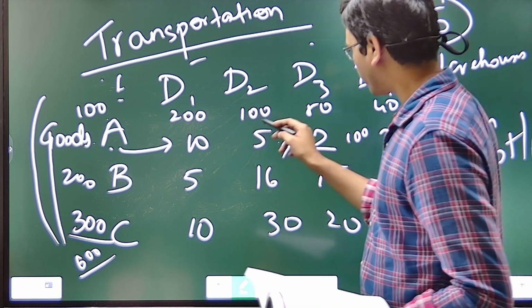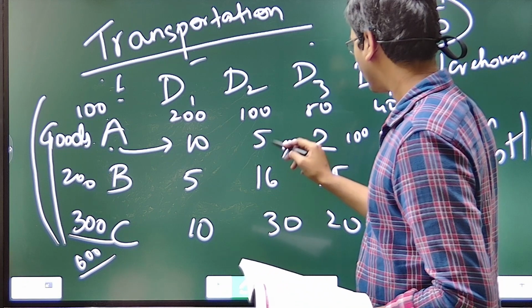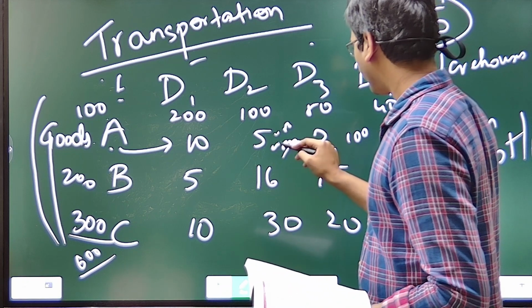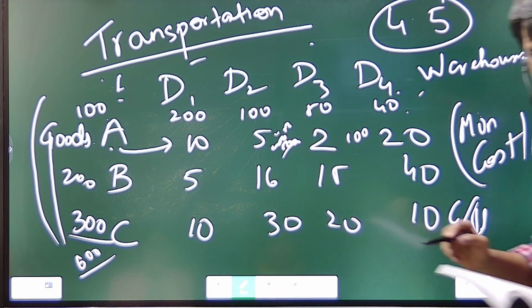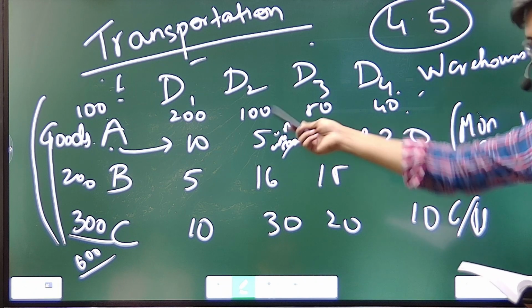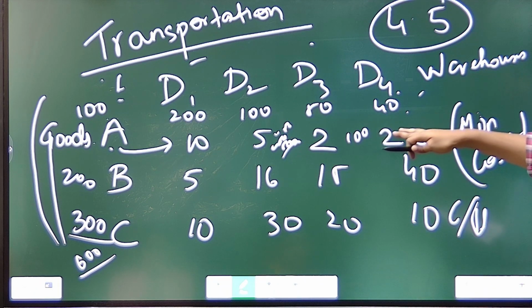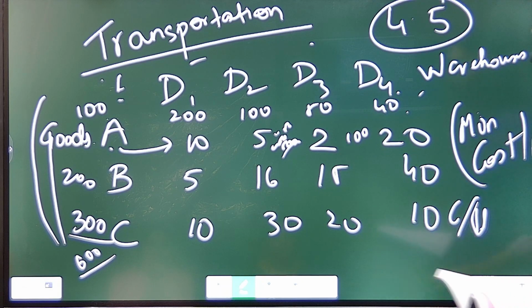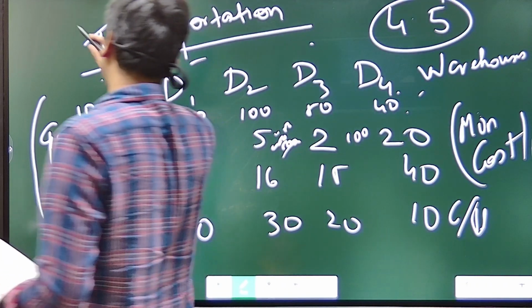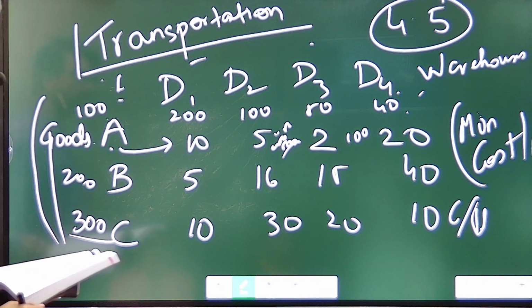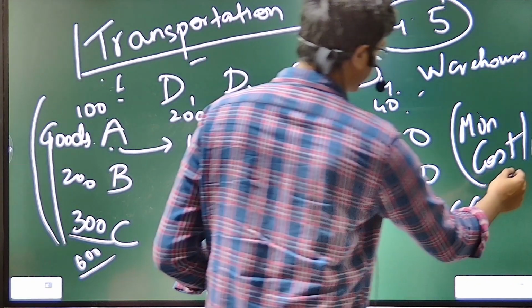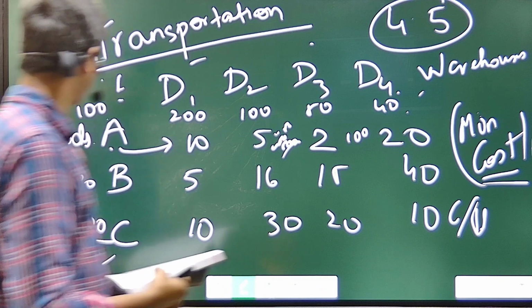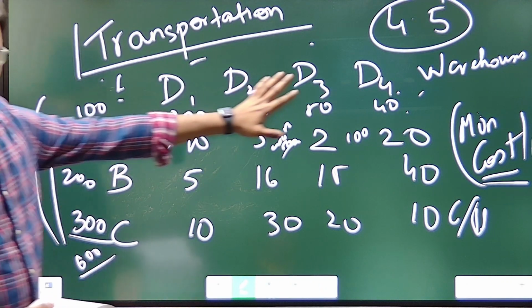And then next you can send another 50 here, so you'll have 250. 350 is your cost. Instead of directly sending it here, if you just split it this way, you have saved 150 rupees. So the transportation algorithm helps us in getting the minimum cost for transporting goods from your source to your destination.